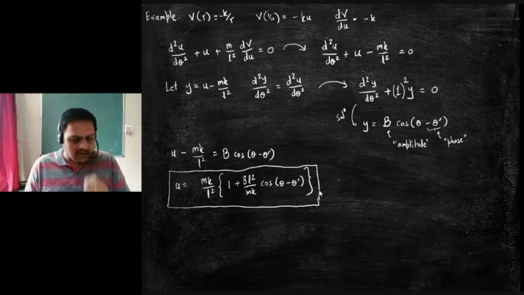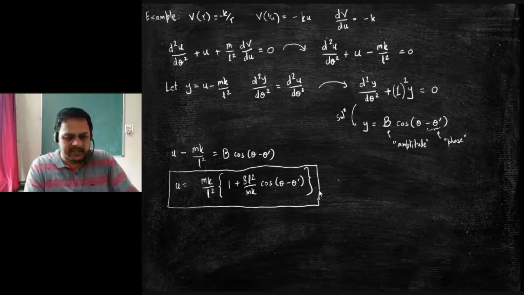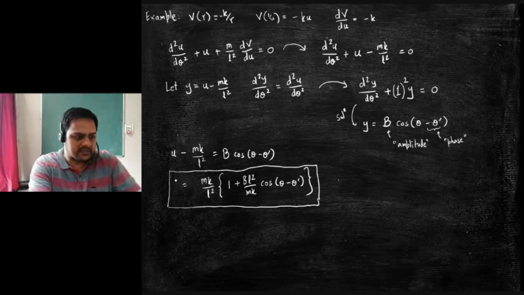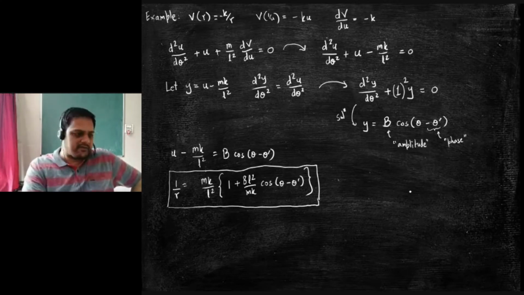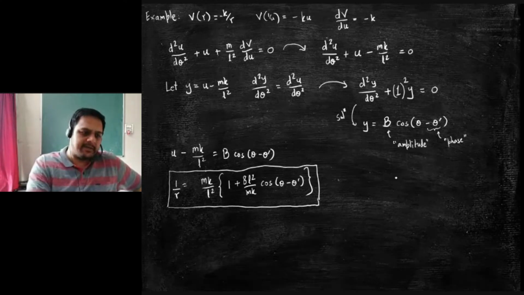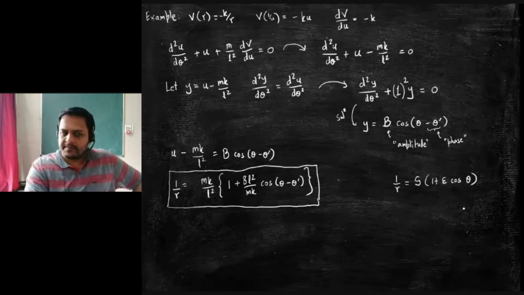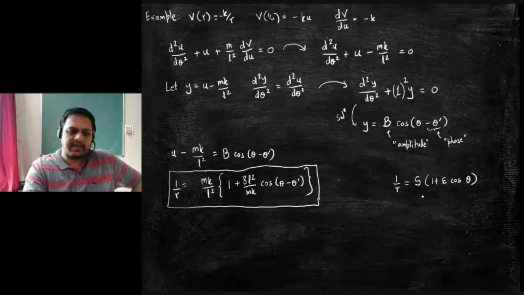Now, I am going to write this as 1 by r, by the way. That is what was my original intention. I want to know the relation between r and theta. Now, if you look at your results from coordinate geometry, you find that there is a standard equation of this type. This is defined in a plane. S and epsilon are constants.